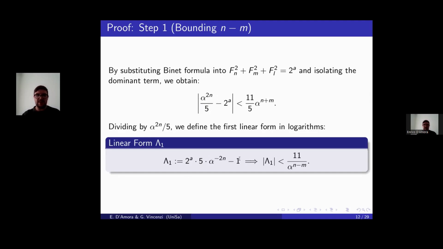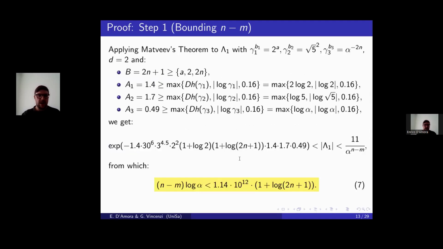And this lambda_1 is the lambda in Matveev's theorem. In fact, applying Matveev's theorem to lambda_1, we calculate B, where we use the bound on a, then A_1, A_2, and A_3, and we get these 2 inequalities from which we obtain the bound on n minus m.